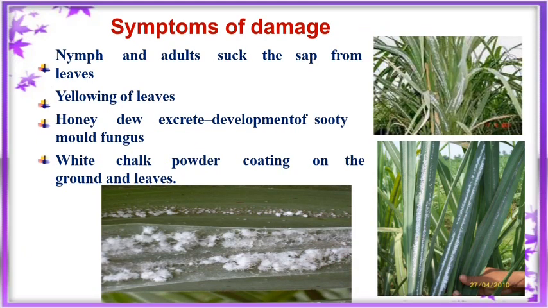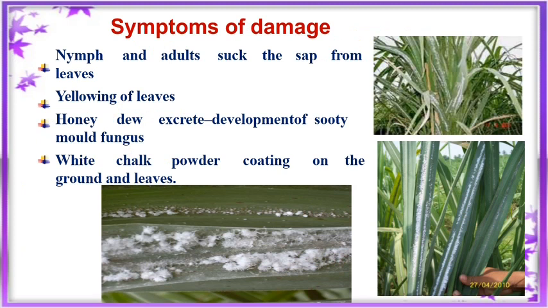Both nymphs and adults congregate on the lower surface of the leaves, and a white chalky powder coating on the ground level and leaves also occurs, because the color of this pest looks like chalk, or white in color. Hence a white chalk powder coating on the ground and leaves occurs.